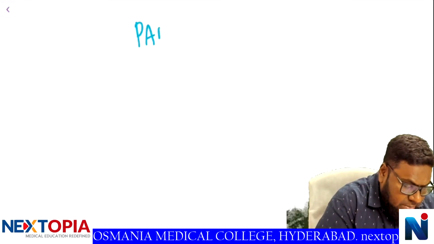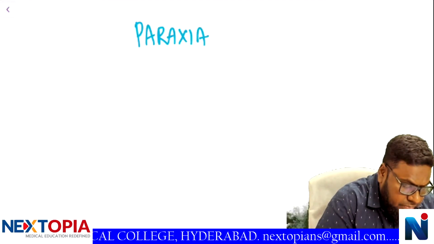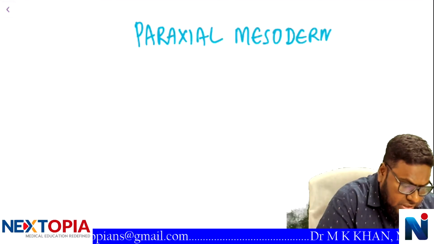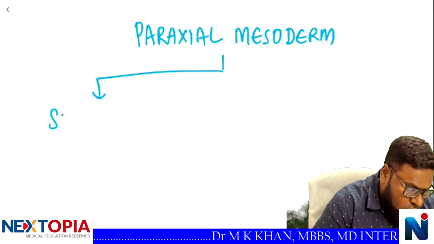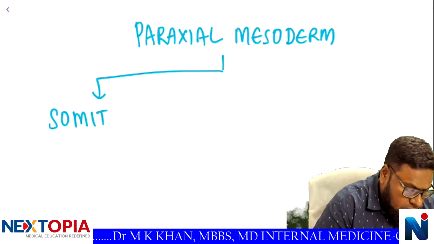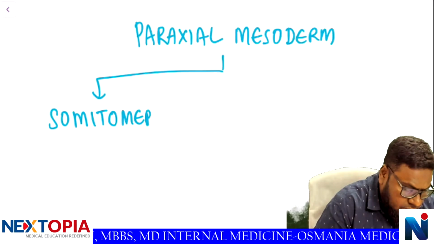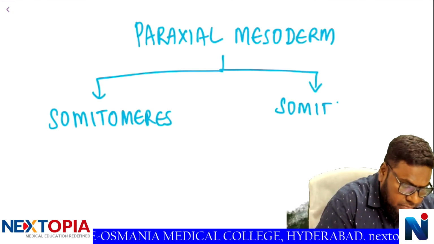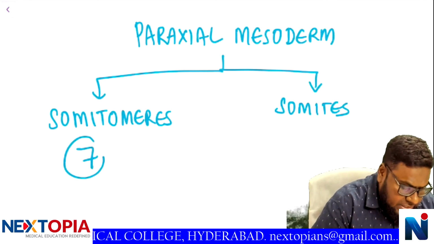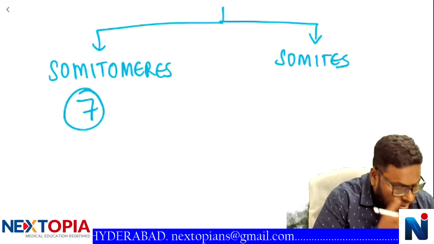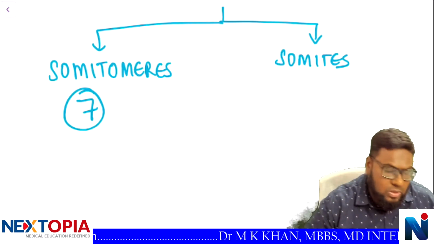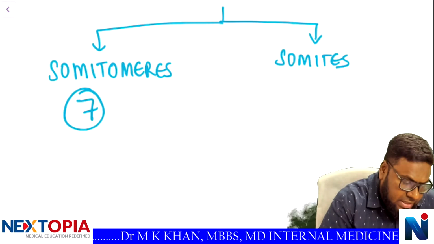So the paraaxial mesoderm divides into somatomeres and somites. There are 7 regions of somatomeres, just lateral to the notochord. They form the muscles.